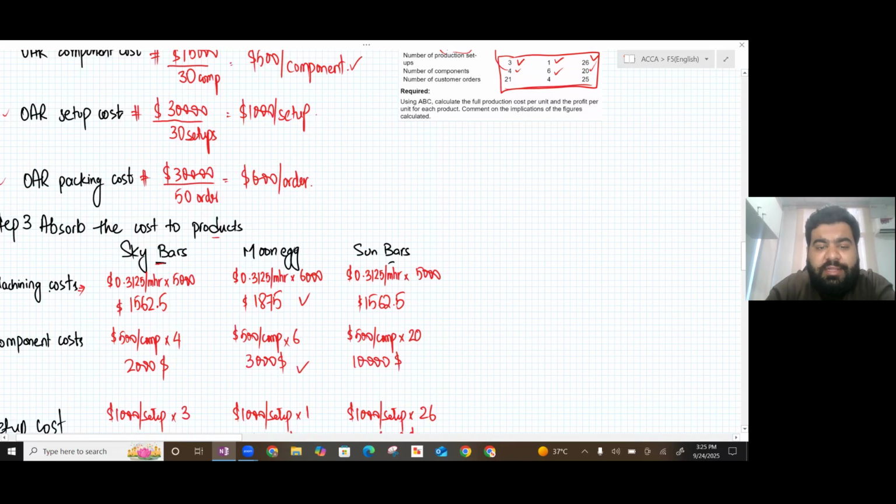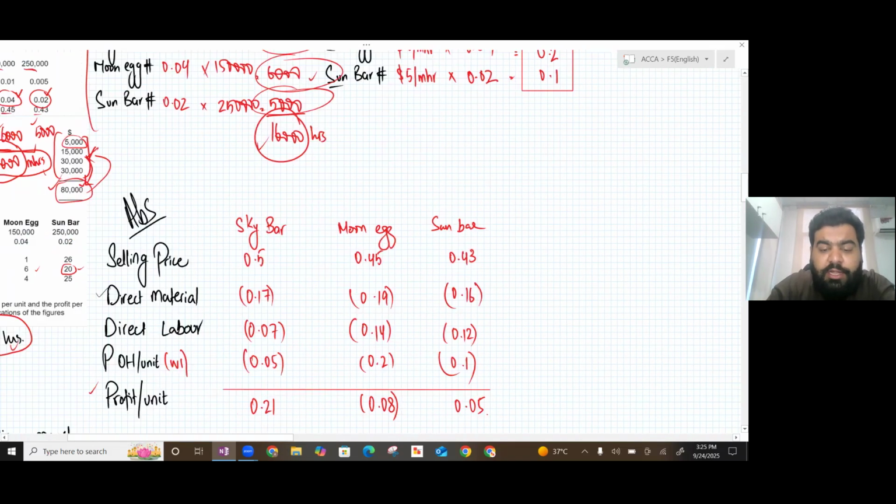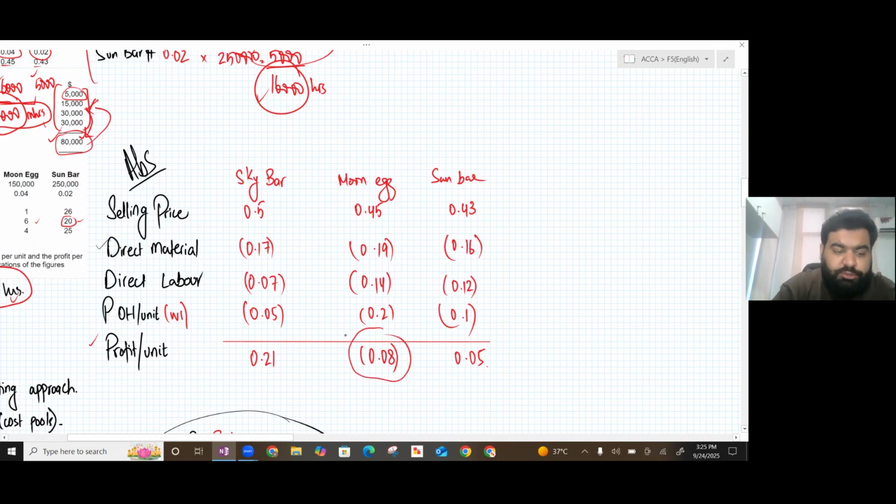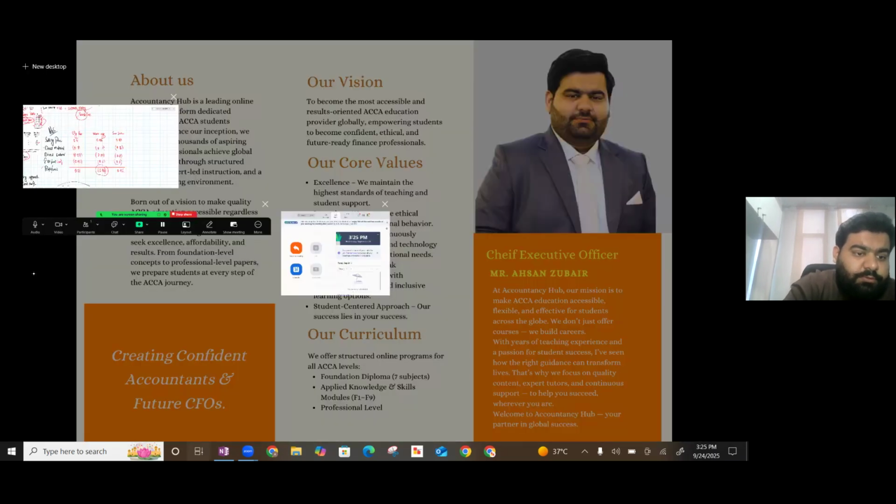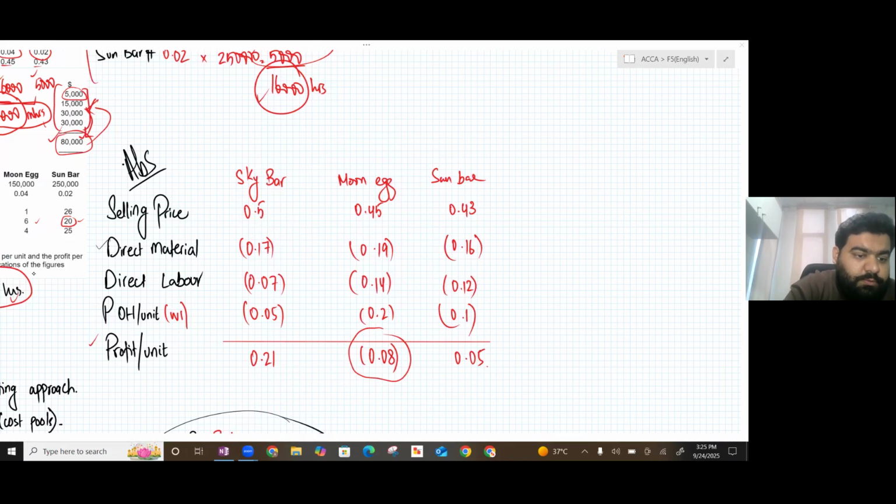When we did the same question through absorption costing, Mooneg was showing a loss. I told you in the last class that maybe the management is angry at the team of Mooneg, asking why it's making a loss. So maybe they take the wrong decision and say stop making Mooneg. So it's not the game.